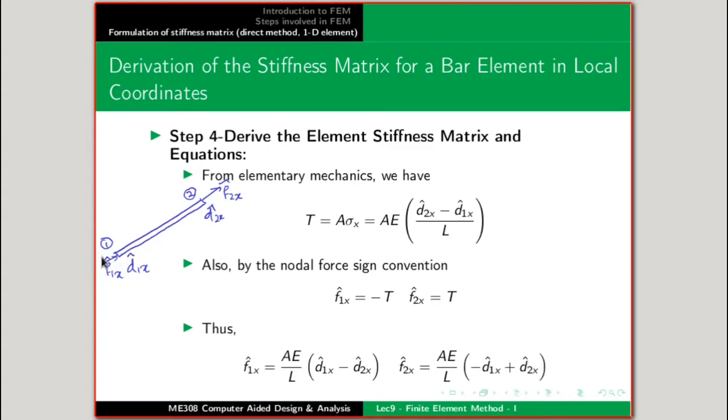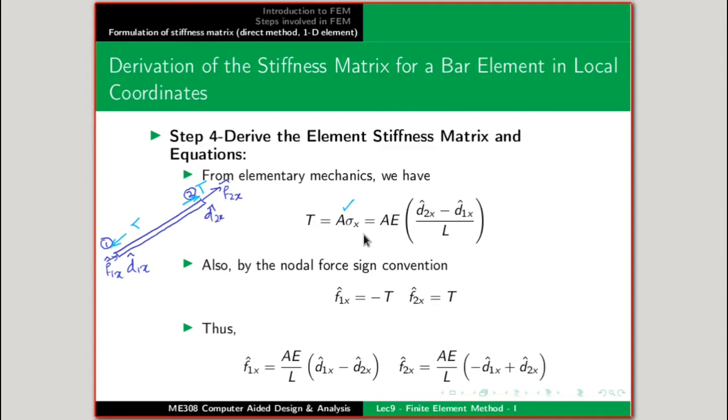We will represent it using the letter T, so this element is being pulled at both sides with a tension T. The tensile force T is equal to A into sigma x, where T is the force, A is the area of cross section, and sigma x is the axial stress acting on the element.